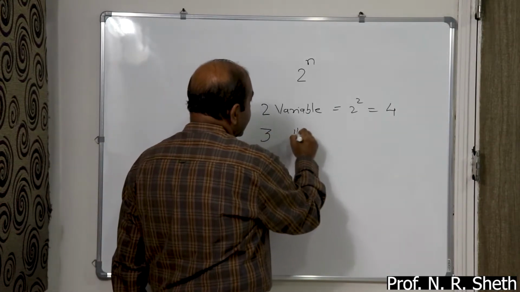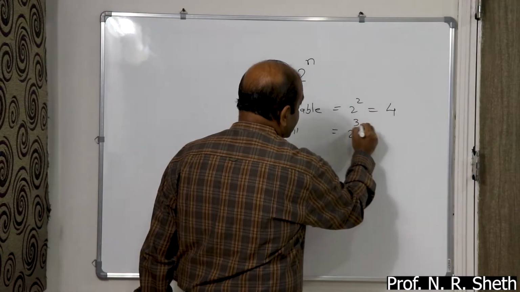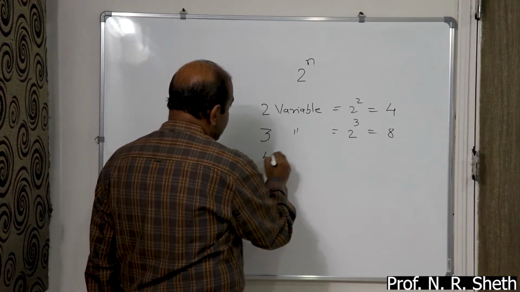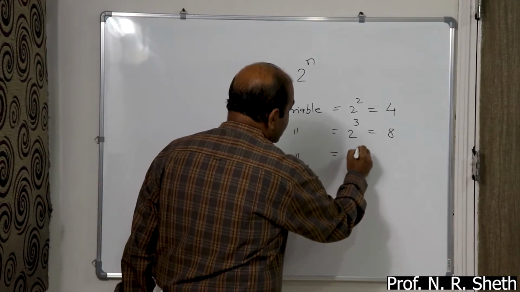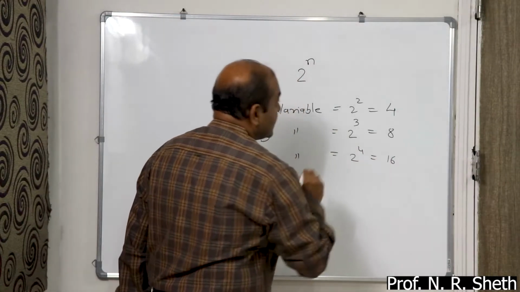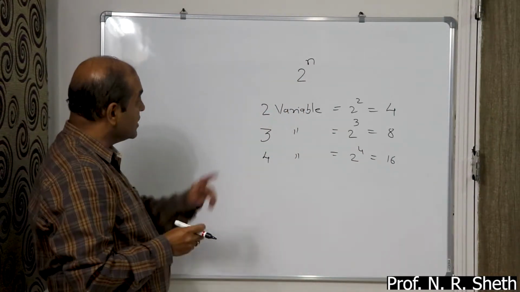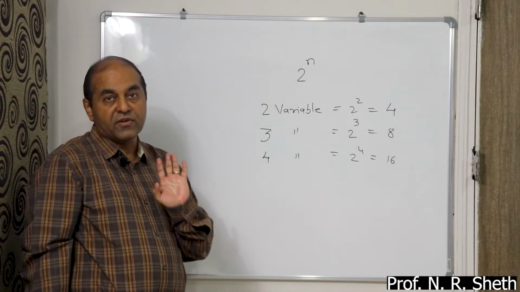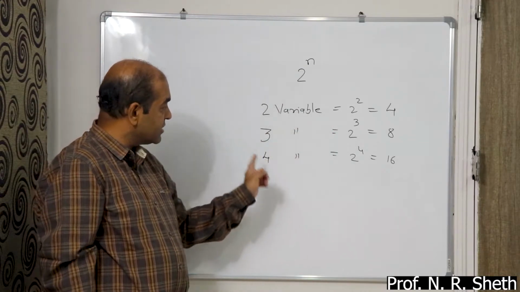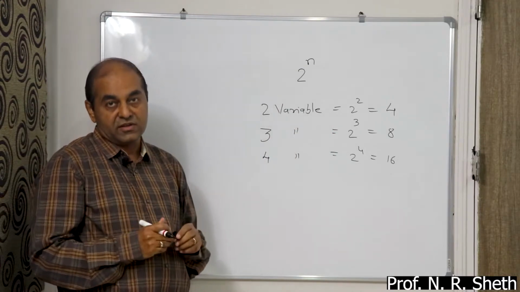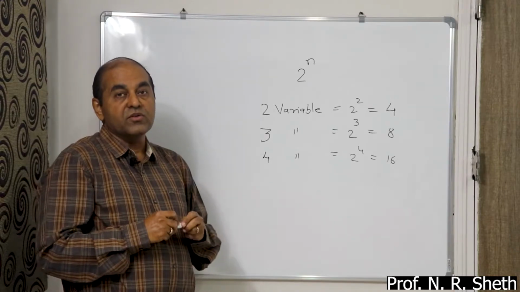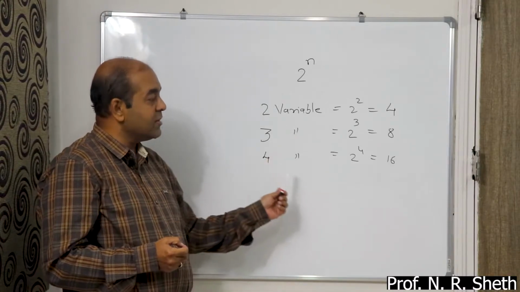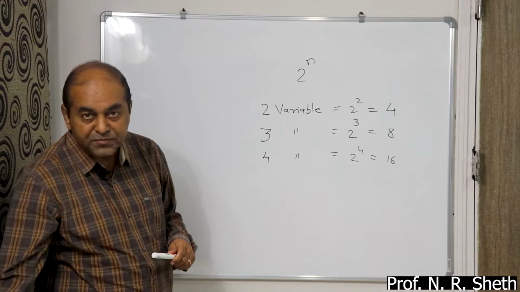For 3 variables, it is 2 raised to 3, that is 8 cases. And if it is 4 variables, then 2 raised to 4 means 16 cases. So here the size of your truth table is only 4 different cases, here it is 8, and in 4 variables it is 16 cases. First I am explaining how to prepare the truth table in sequential order for 3 variables and 4 variables.